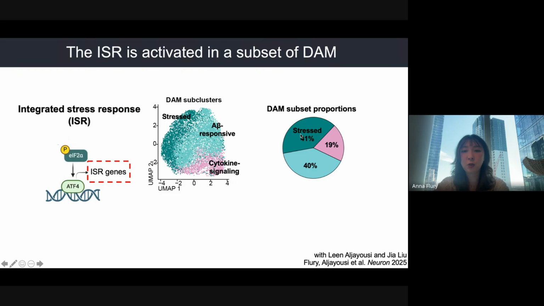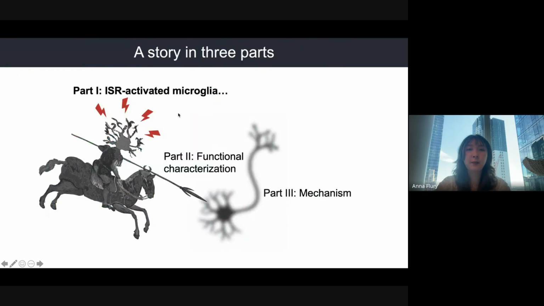And then we found our stress subcluster at, again, a similar proportion to what we'd seen before, which is around 40%. So at this point, we're pretty confident we had identified a subset of DAM that is characterized by ISR activation.